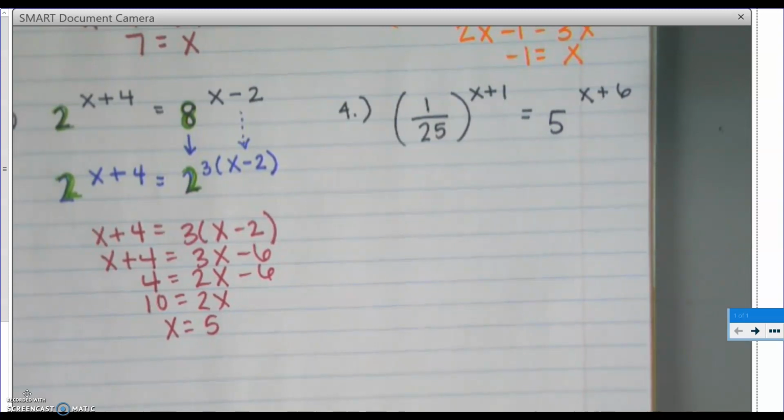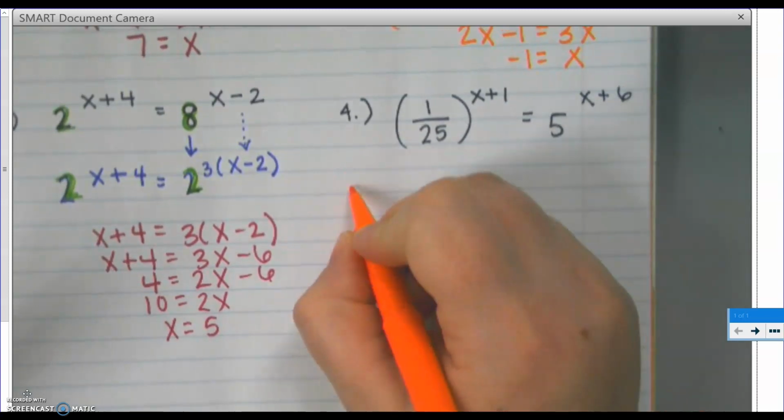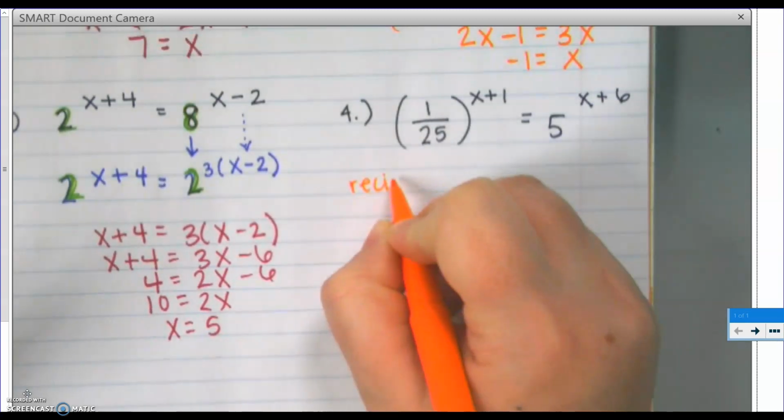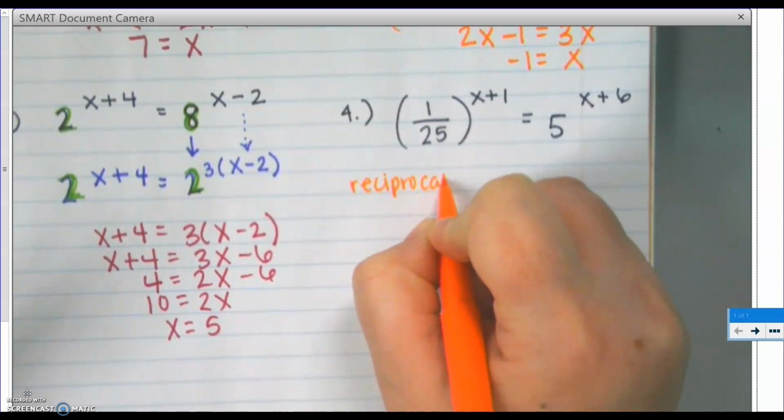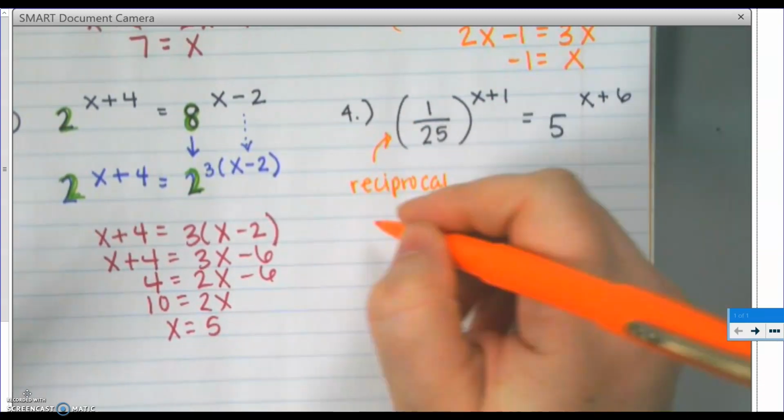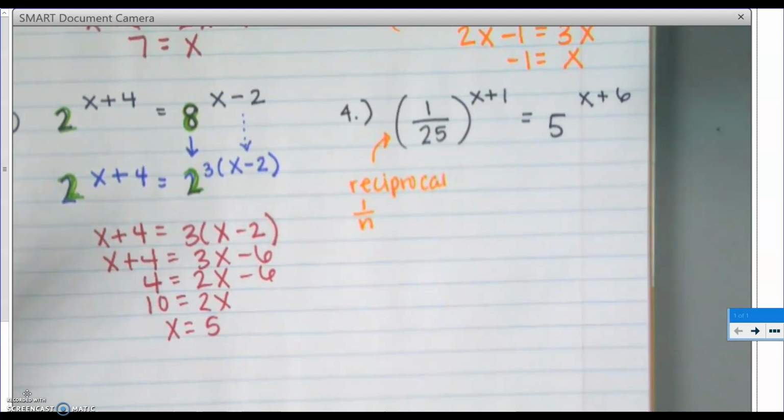All right, question number 4. We have a fraction called a reciprocal fraction. A reciprocal fraction is when you see 1 over a number.